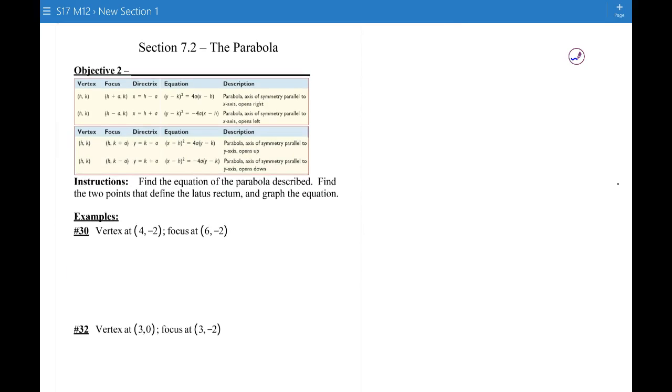So now we're going to let the vertex move to H, K. So when you think about it, the whole parabola goes with the vertex. So H is going to be some kind of a horizontal shift, and K is going to be some kind of a vertical shift.